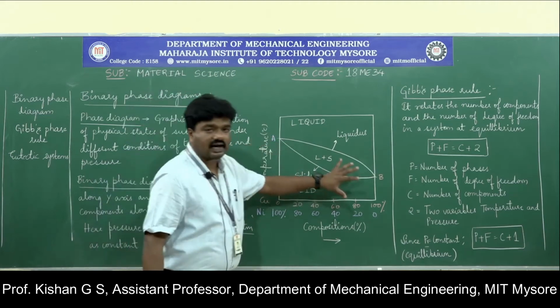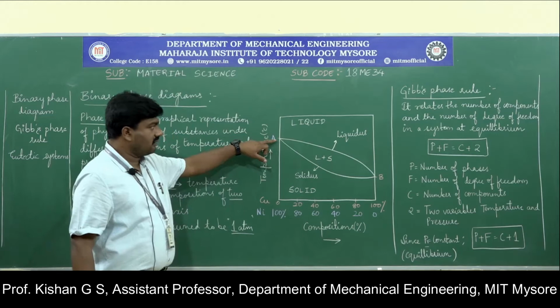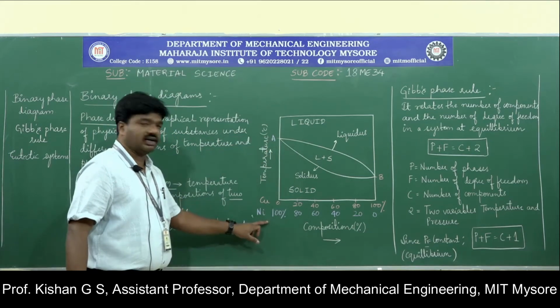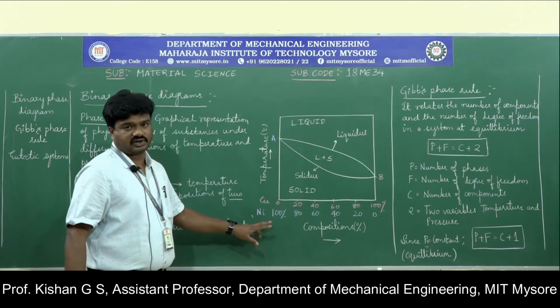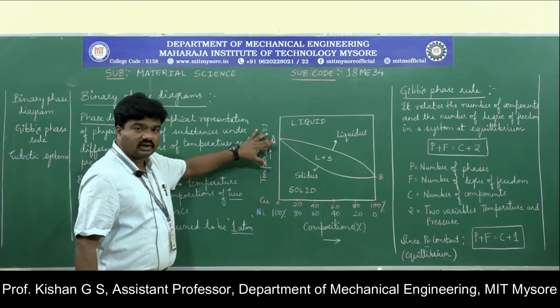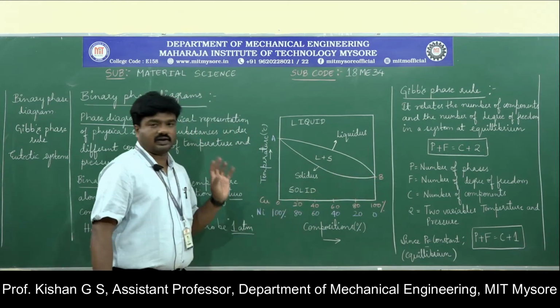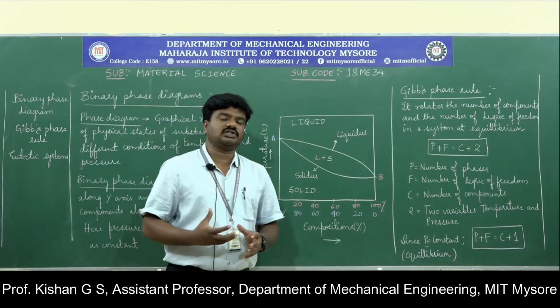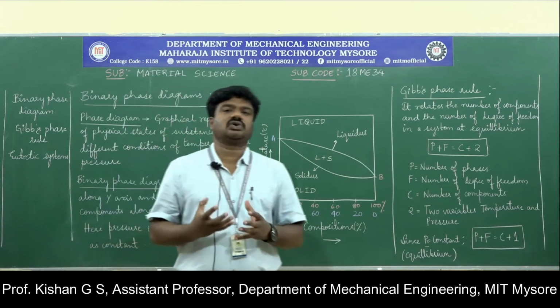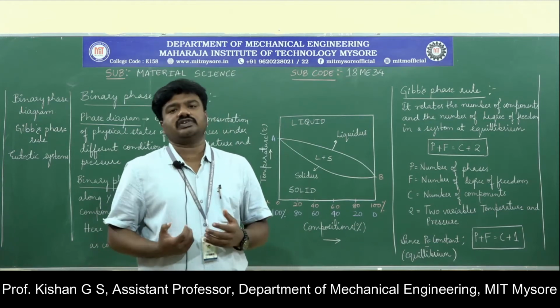In this diagram, you can observe A is the melting temperature of nickel. I have marked A in the same color chalk for reference. So A is the melting temperature of nickel, whereas B is the melting temperature of copper. When we have the combination of two materials, we heat the material so that the materials merge with one another in the liquid state and then we solidify.